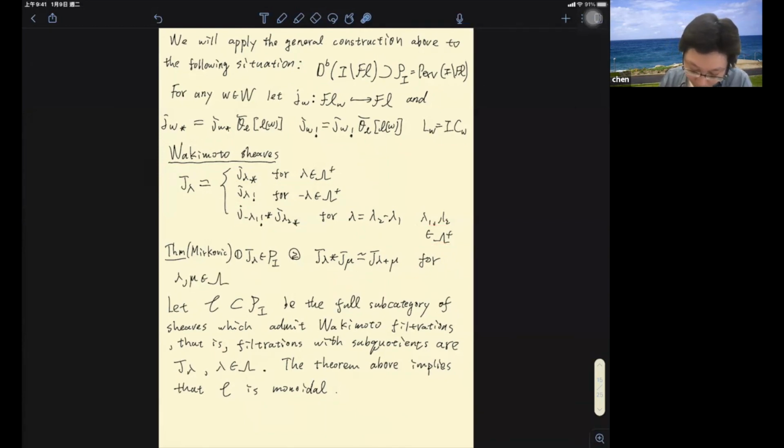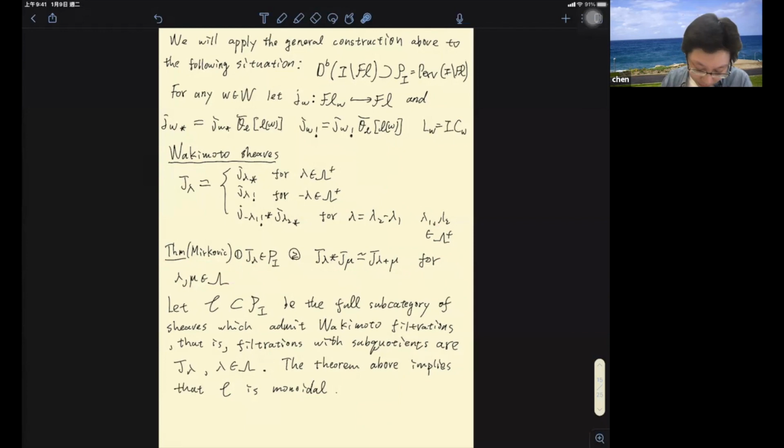And we have the following important result due to Mirkovic. So this object is actually in the abelian category of perverse sheaves. And secondly, we have this property that J lambda convolved with J mu is equal to J lambda plus mu, where lambda, mu are any coweights.